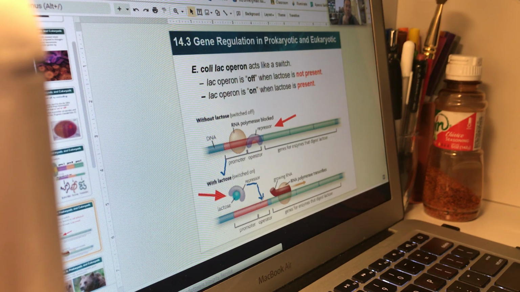So, based on this example, you and I have thousands and thousands of genes. The same cell that makes up my skin is the same cell that makes up my bone. The same cell that is my brain cell is the same cell for my blood. Now, all those cells have the exact same DNA. However, the cell for my blood only makes blood.